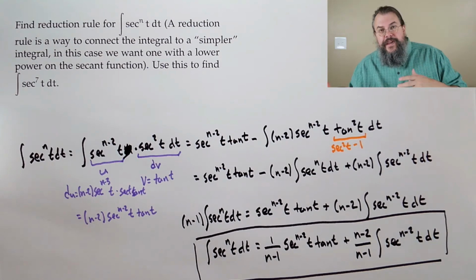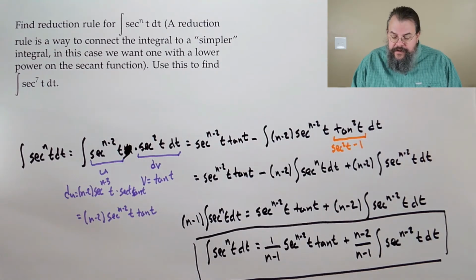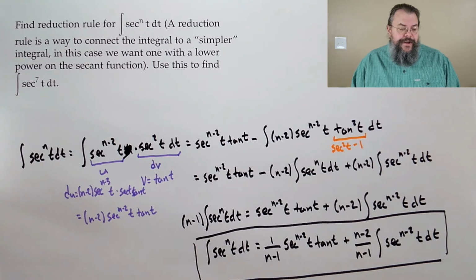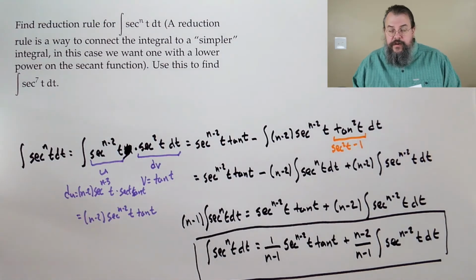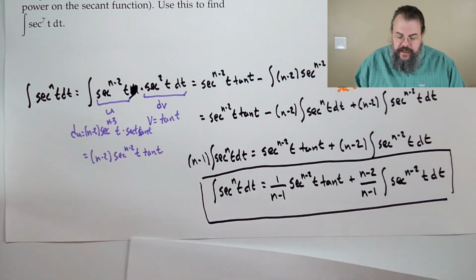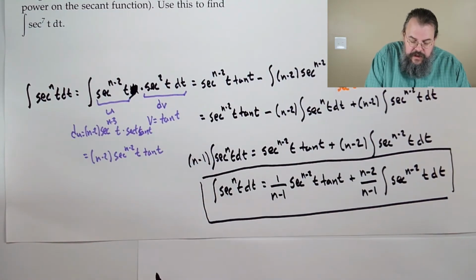So the last thing is, let's actually try this rule out. Okay, integral of secant to the 7th. All right, I think I might need some space here. So we're going to give ourselves some space. Let's move that up for a second here and copy down our rule. That's hopefully we'll have enough space.